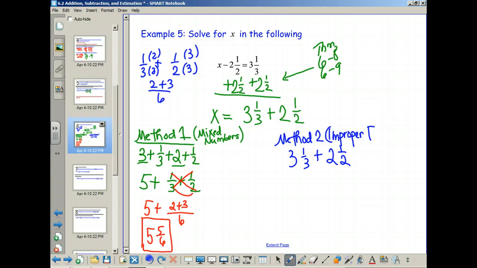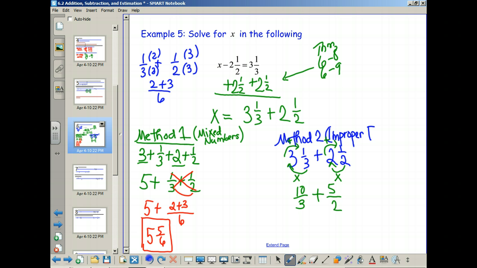We did that on the previous slide, so we'll make quick work of that. I have 3 times 3, which is 9, plus 1 is 10/3. And then I have 2 times 2, which is 4, plus 1, which is 5, so I have 5 halves.